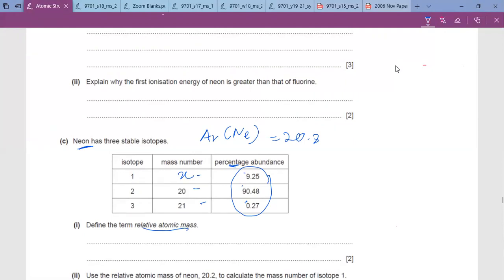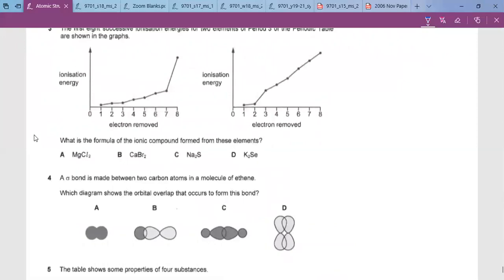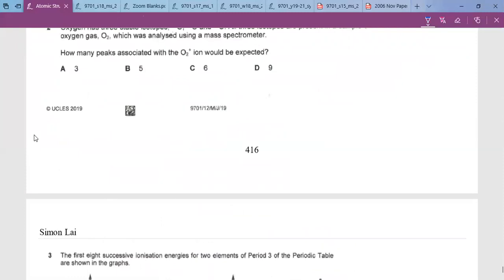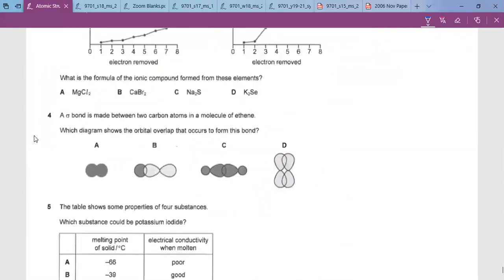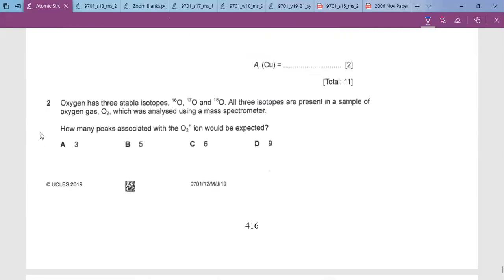Okay, last one. This is a very nice question. We've seen this earlier. Oxygen has 3 stable isotopes: O16, O17, O18.